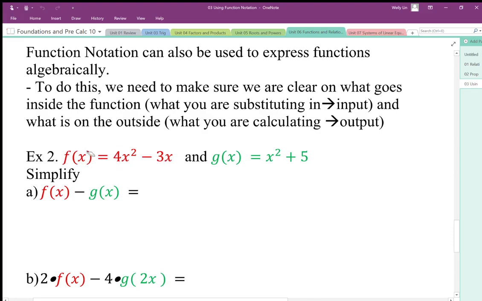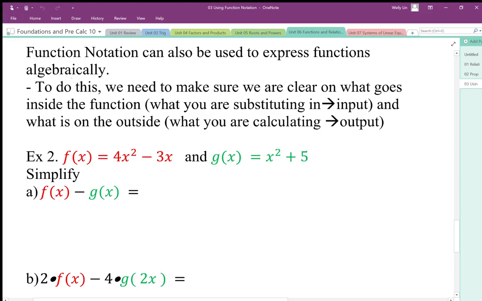And so the f of x there actually has an inside and outside. So there's my inside, and then we have an outside here. Okay, and the inside is x, the outside really essentially represents y. So we can use function notation to differentiate two functions, but we can also use this algebraically and just say this function notation f of x represents this variable expression, and this function notation g of x represents this variable expression.